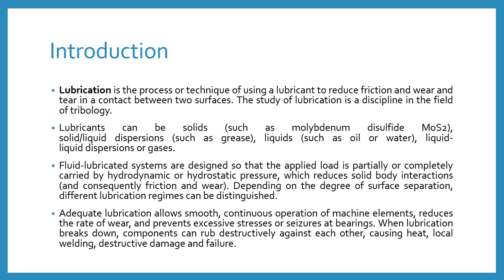Liquid means oil or water, and then liquid to liquid dispersion or gases. In this way they can be used as lubricants to reduce friction and wear and tear between the contact of two surfaces.